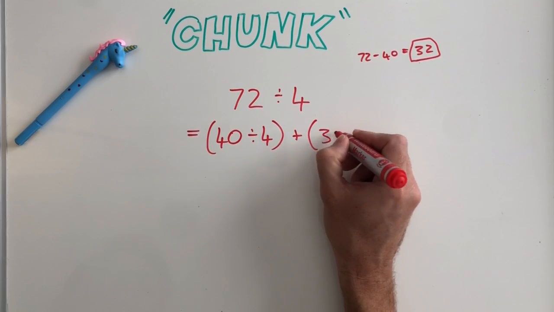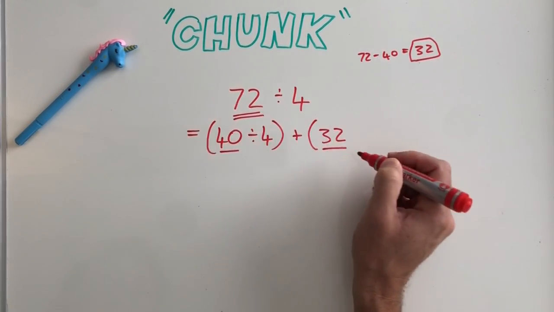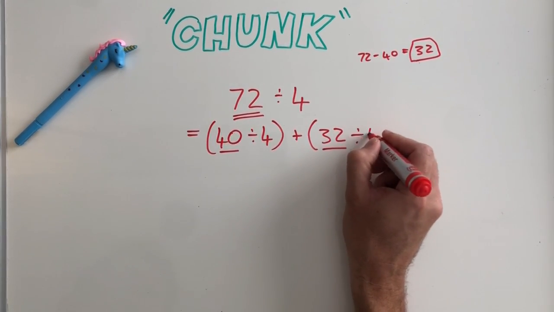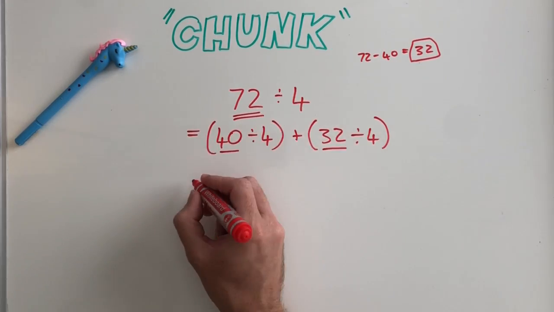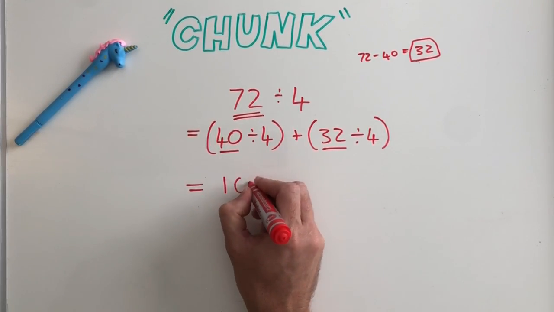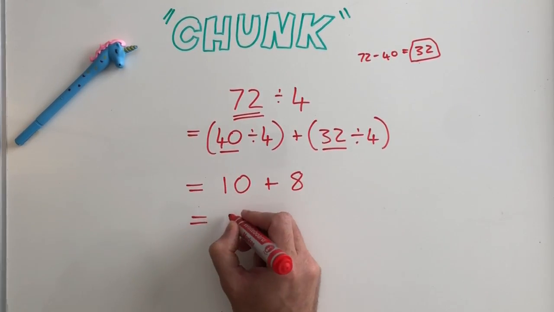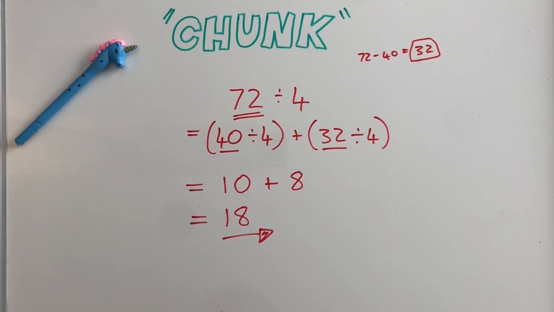So 40 plus 32 will give me 72. And it's easier to divide 40 by 4 and 32 by 4 on their own and separately than trying to do 72 divided by 4. So here I have 10 plus 8. So it's going to be 18. Perfect.